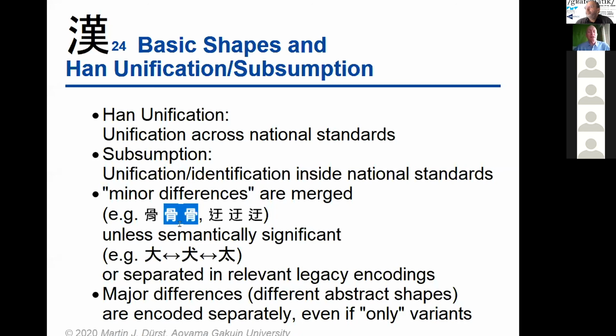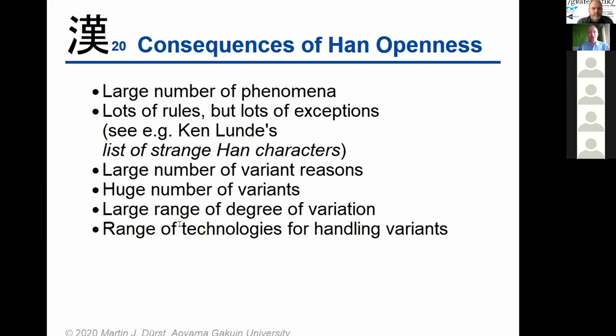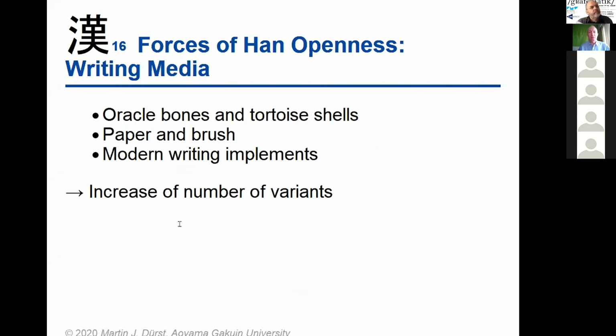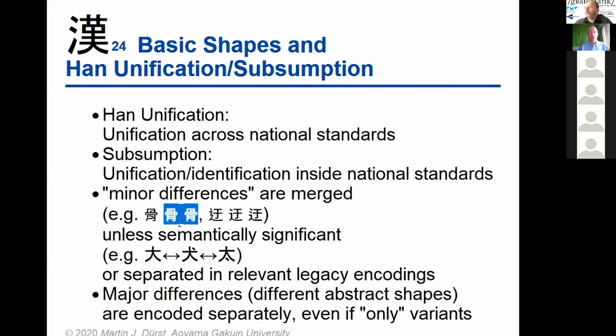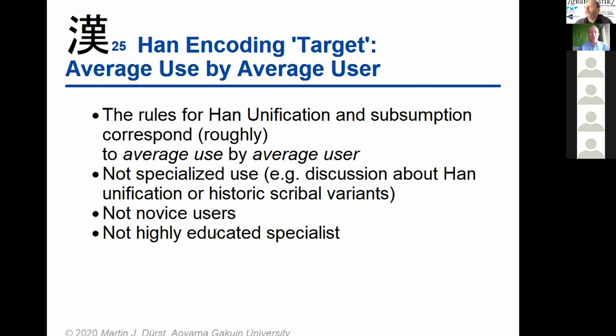Oh, okay. Well, I'm not very familiar with cuneiform or anything like that, but I think one thing is that I showed this, where do we have that? It's really related. Yeah, this one, average use by average user for Han characters.